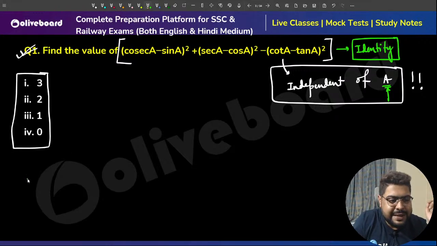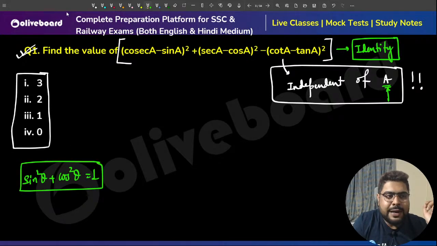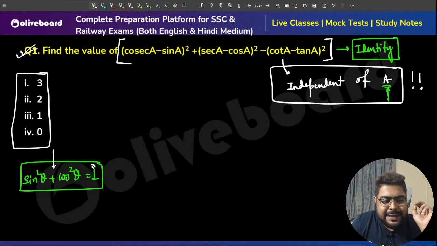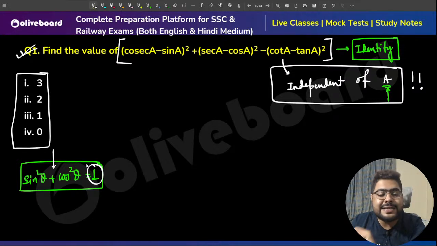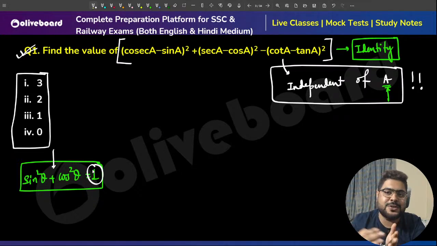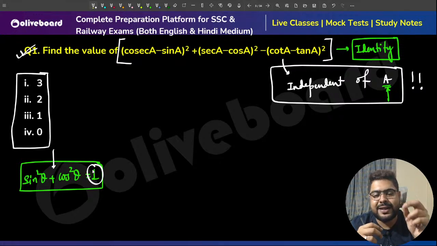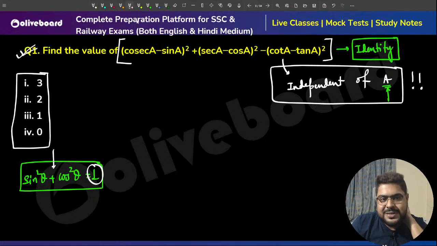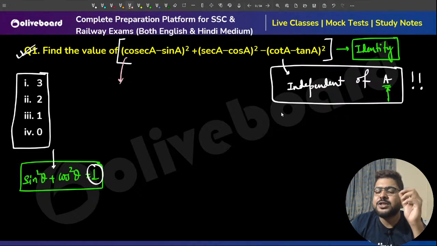Just an example: sine square theta plus cos square theta is 1. On the left-hand side we have a variable theta, but the right is always 1. It does not matter whatever you put for theta, it will always be 1. So sine square 30 degree plus cos square 30 degree is 1. Sine square 200 degree plus cos square 200 degree is always 1.